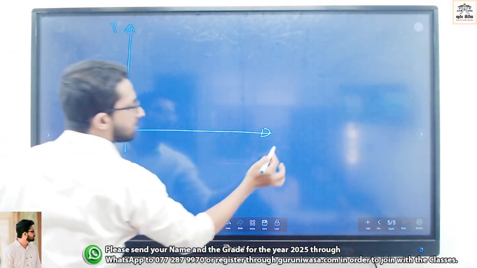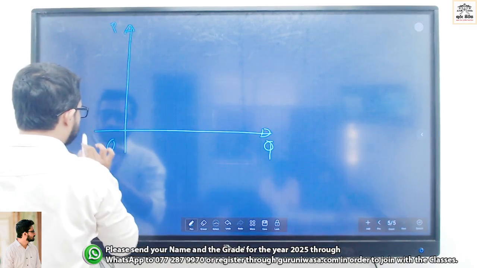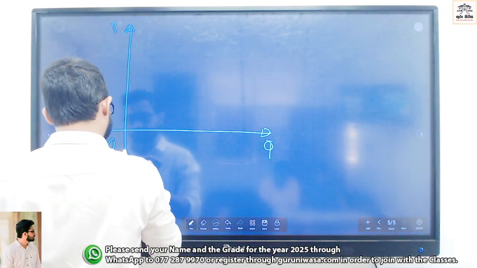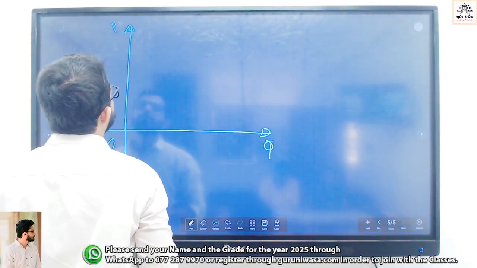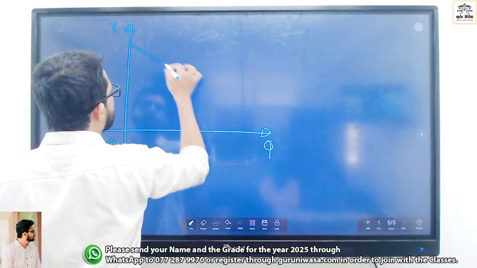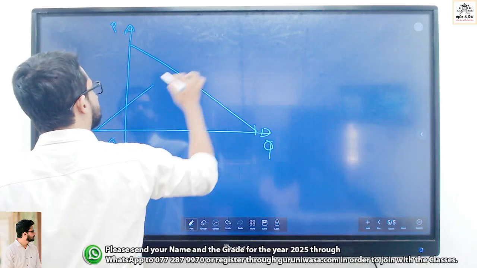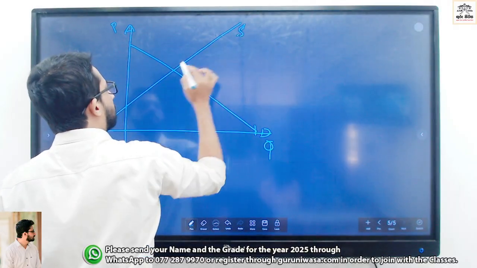Price axis, quantity axis, 0. Supply curve.